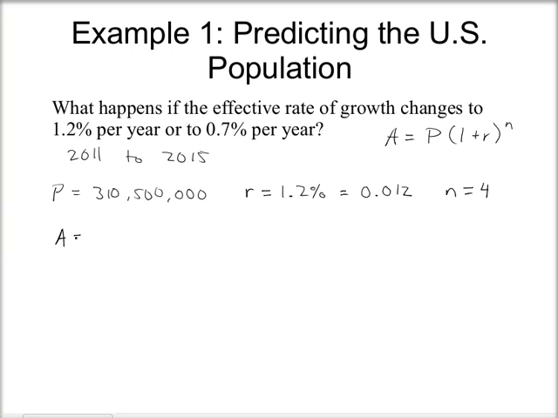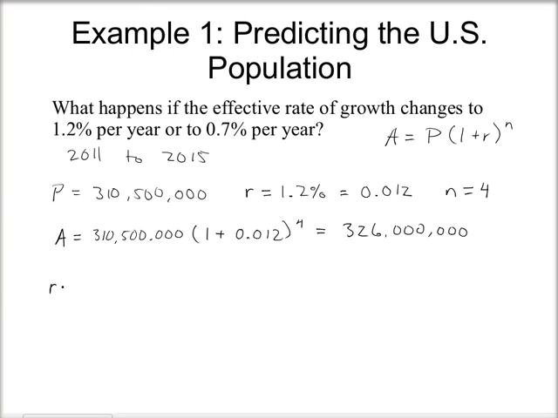Then the anticipated population, if I've got a higher growth rate, for the beginning of 2015 is 310.5 million times (1 plus 0.012) to the power 4. If I round that to the nearest million, I'm going to get 326 million people.